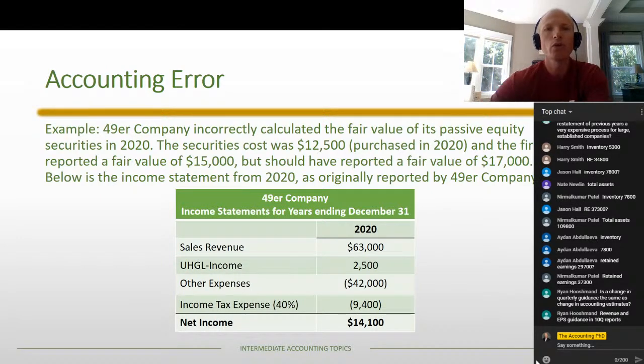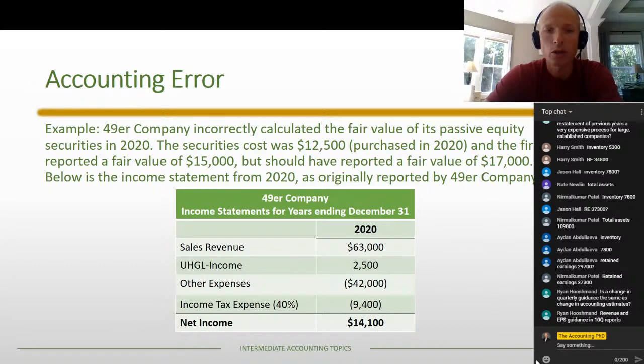And so now I give you the original income statement from 2020. Again, the sales revenue, they do have, because this is a passive equity security, you just have to remember that you have the unrealized holding gain or loss that's reported as part of net income. You have other expenses, and then in this case we're actually going to include any tax effects. So that's going to be a major complication for this problem.